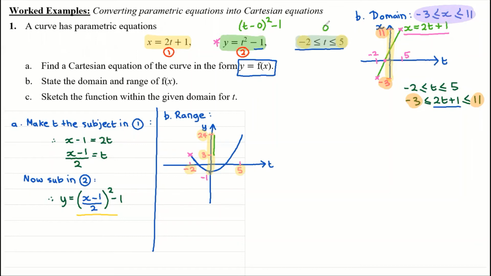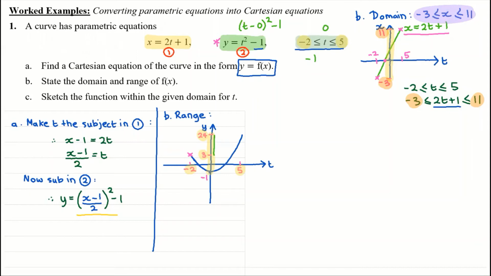So you know that the minimum value will occur between -2 and 5. So you'd be anticipating that the minimum would be at -1 and not at -2. Or not at 3, I should say. Okay, so just be aware of that.